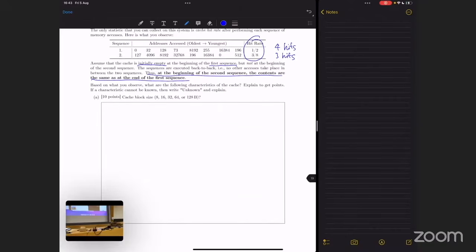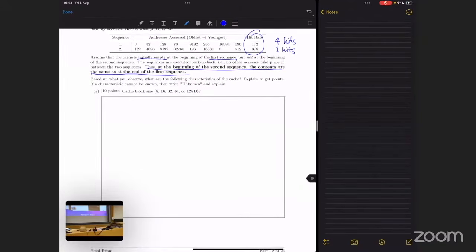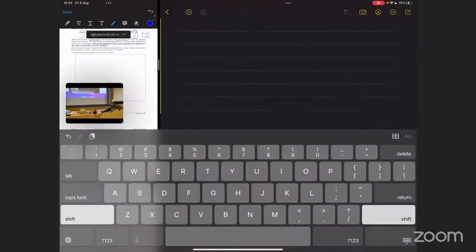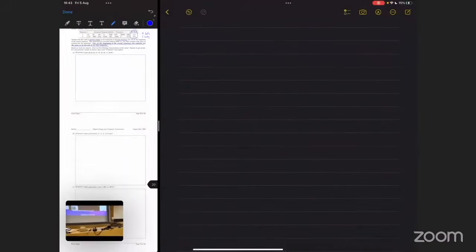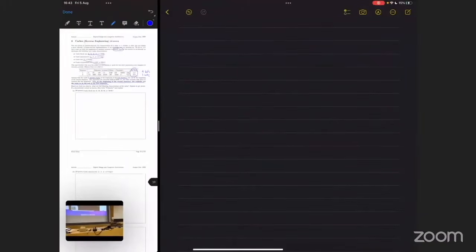Okay, so the first question is to reverse engineer the block size. To do this, we can try to group. First we look at the first sequence.